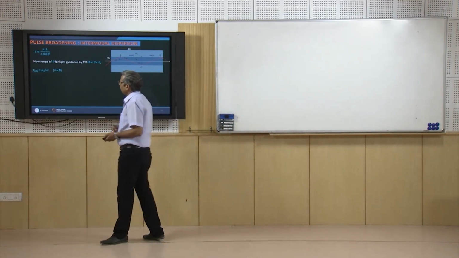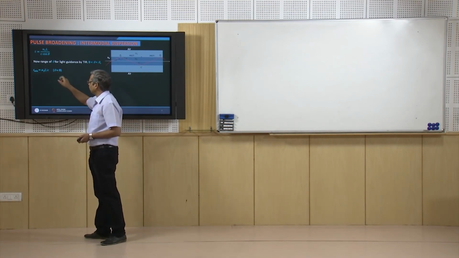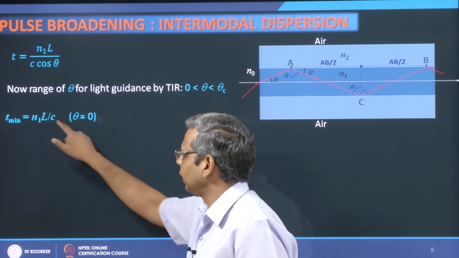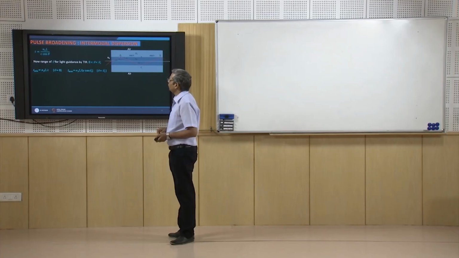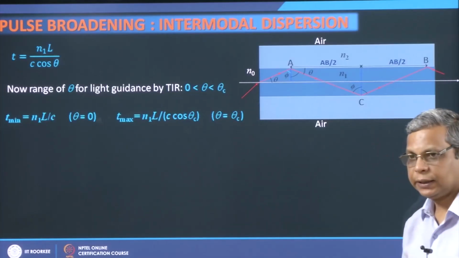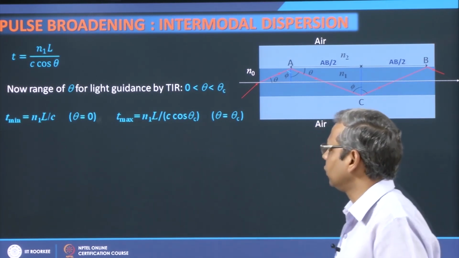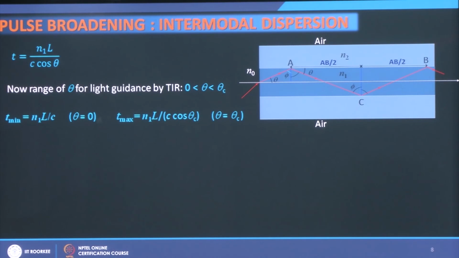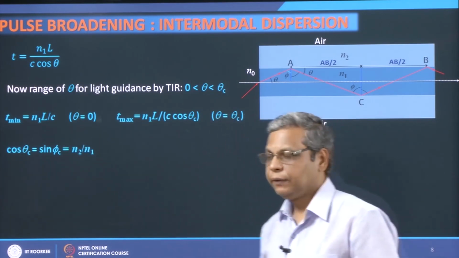So your minimum time would be for the axial ray, corresponding to theta equal to 0, given by N1 L over C, while the maximum time would be taken by the ray which makes an angle theta c from the axis. So T max is equal to N1 L over C cos theta c, and because of the time difference between this and this, I will have broadening.